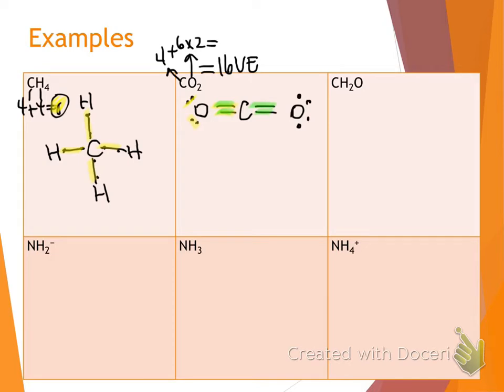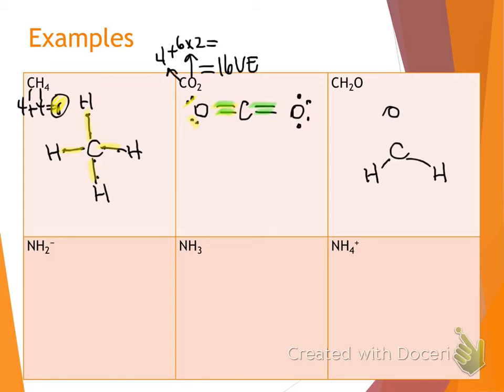So then, taking a look at this next one, CH2O, again, we're picking out that central element, and in this case, it is carbon. Everything else is going to go around it. So I'm going to put my oxygen and the 2 hydrogens around it. Well, I know hydrogen has to be connected with a single bond to my carbon. That makes hydrogen stable.